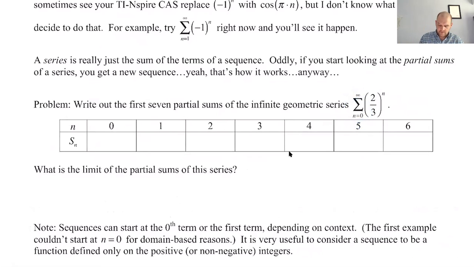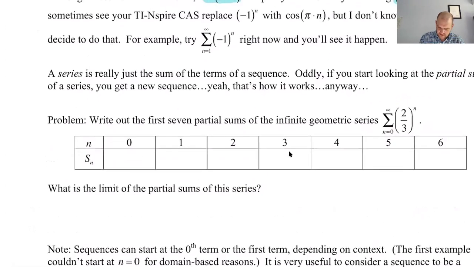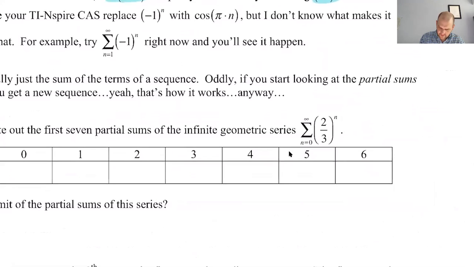A partial sum will first go from 0 to 0, and that's literally just the first term, which is 1 in this case. If I wrote out some of the terms of this, it would be: plug in n equals 0 here, and you get 2/3 to the 0, which is 1.